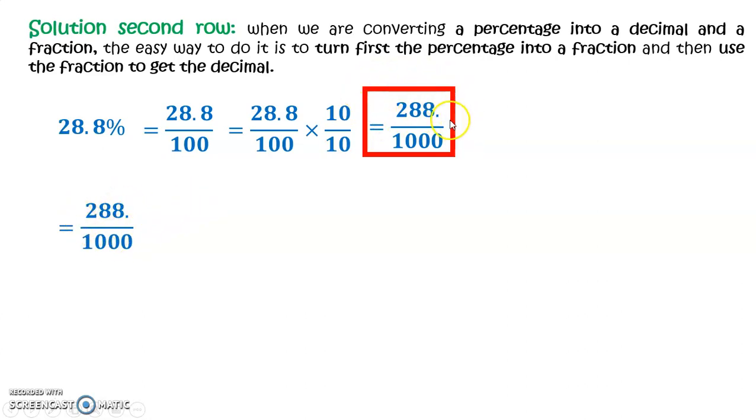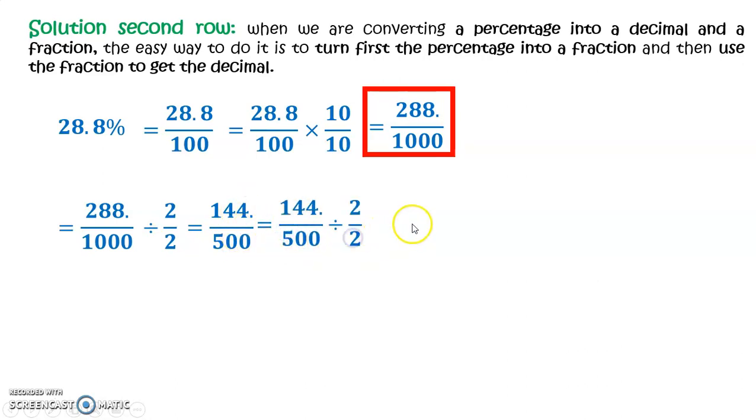I'm underlining this because I'm going to use it later. I'm going to show you why. And now we have to simplify this. Both numbers are even, so we simplify by 2, and we get 144 over 500. Both numbers are even again, so we simplify the fraction by 2. So we get 72 over 250.